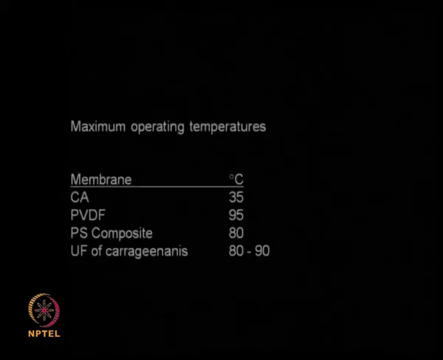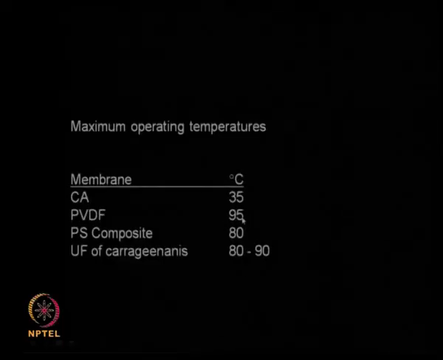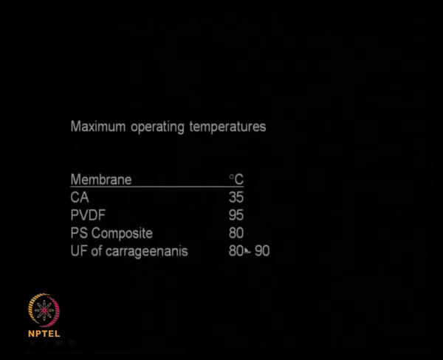Now you have to keep in mind that you cannot have a very high temperature of operation if you are using a membrane. Cellulose acetate, we can go only up to 35 degrees, so if the solution is very hot you need to cool it down. If you look at PVDF, we can go quite high, almost 95 degrees, polysulfone composites about 80 degrees, and carrageenan about 80 to 90 degrees.